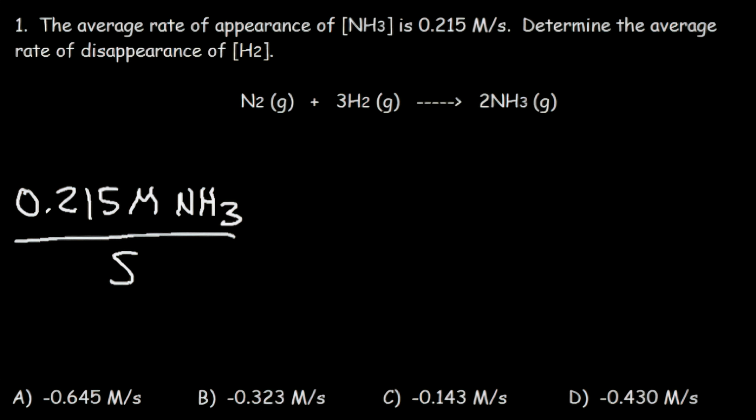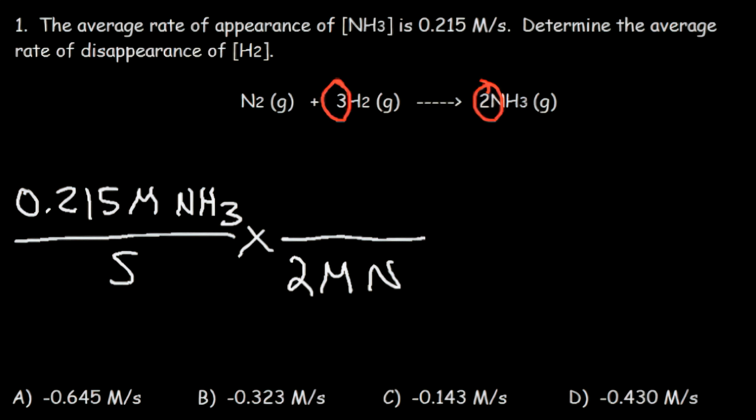So we can use a molar ratio, but with molarity instead. So for every 3 moles of H2 that reacts or disappears, 2 moles of NH3 will appear. So we can put 2 M for NH3 and 3 M for H2.